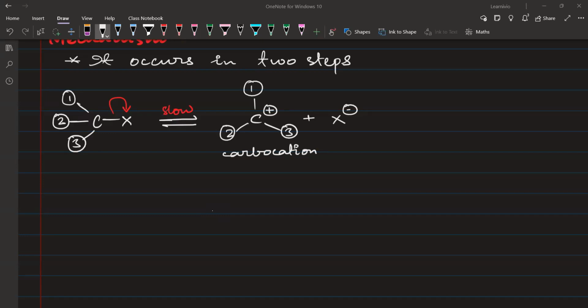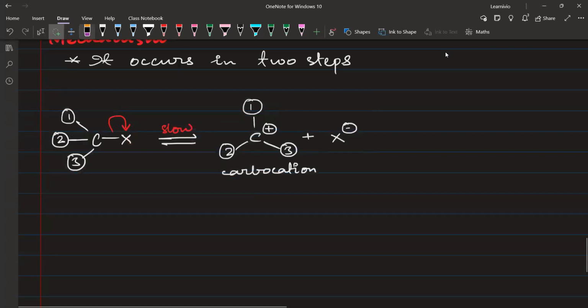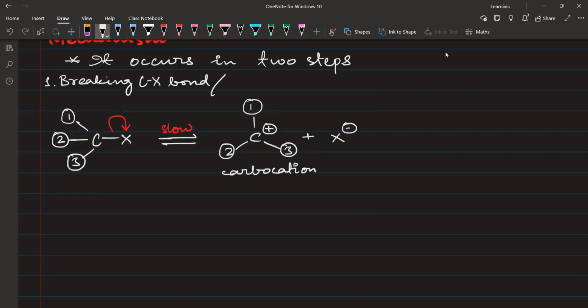Next step is attack of nucleophile. In this step, if you have a little space, I can just drag it down. Otherwise, you can name this step as number 1, breaking of the C-X bond, or we can call this formation of carbocation.